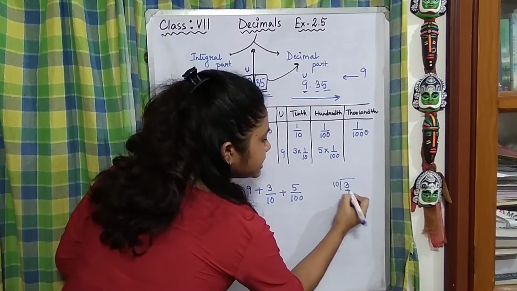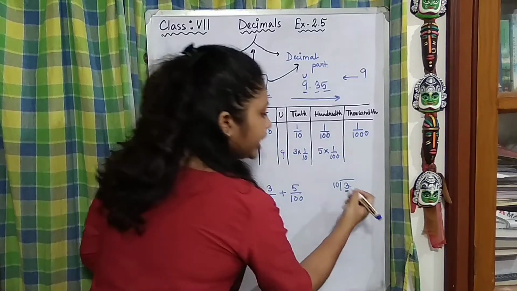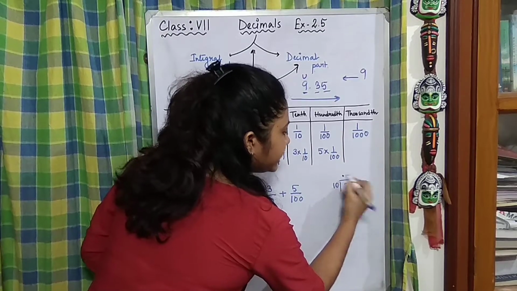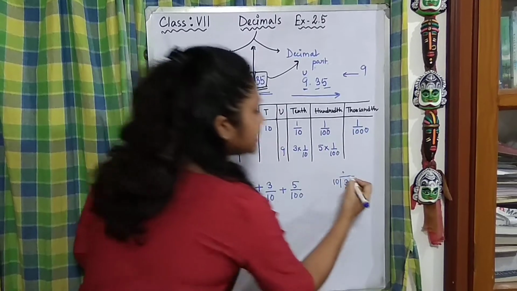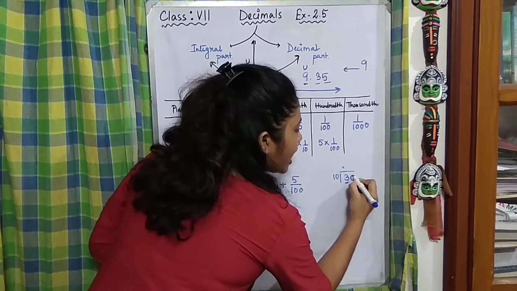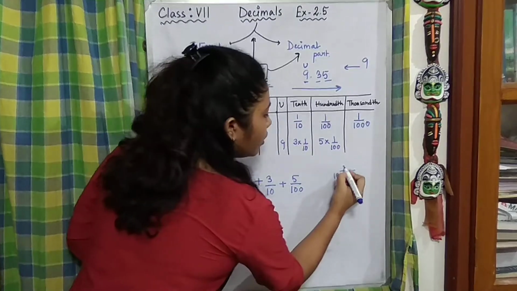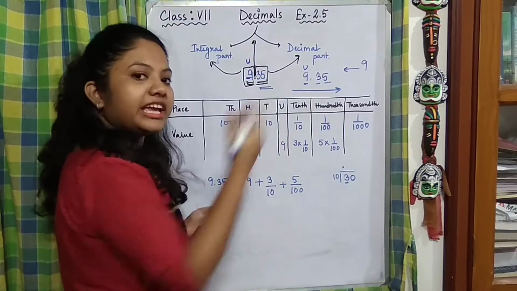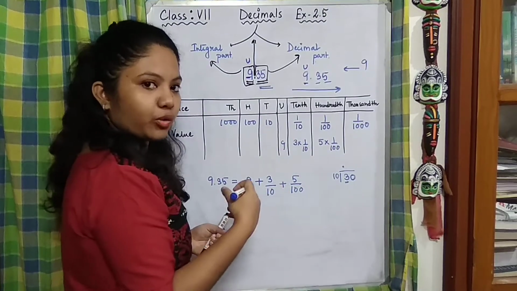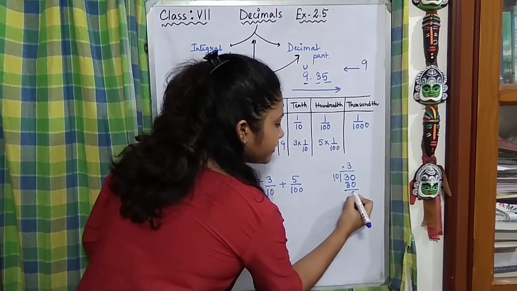How? 10 is a 2-digit number and 3 is a 1-digit number, so we cannot divide it without taking a point. And taking a point means we are borrowing a 0 just behind it. So 10 into 3 becomes 30, we can say that, right?